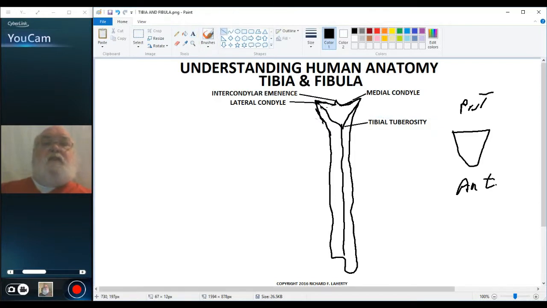In particular, the patellar ligament, which is providing attachment for the quadriceps muscles, attaches at the tibial tuberosity. It may be just a slightly roughened area, maybe a little bit elevated, or it may take on the form of the patellar ligament extending superiorly up towards the patella for a significant distance, an inch or more.